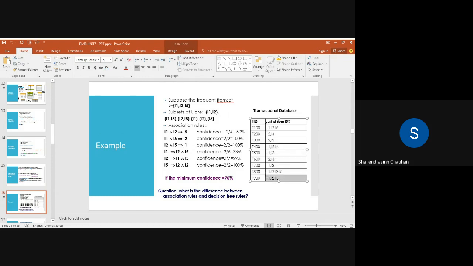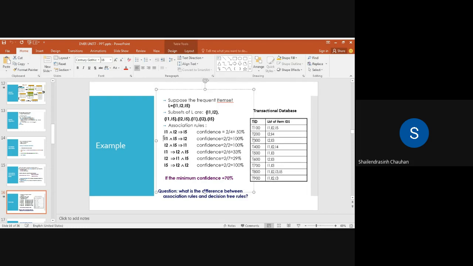Now out of those 4, in how many transactions are you having I5 also along with I1, I2? T100 and T800. So 2 out of 4, that is 50%. That means wherever you are having I1, I2, in 50% of transactions you are having I5 also. You are 50% sure that along with I1, I2, the customer will also purchase I5.